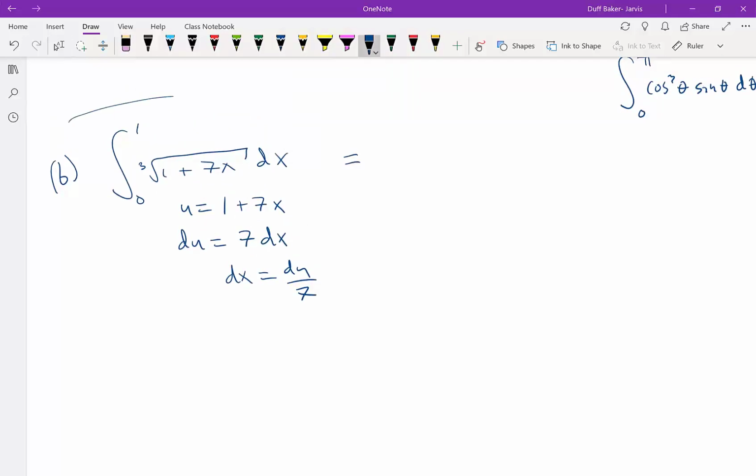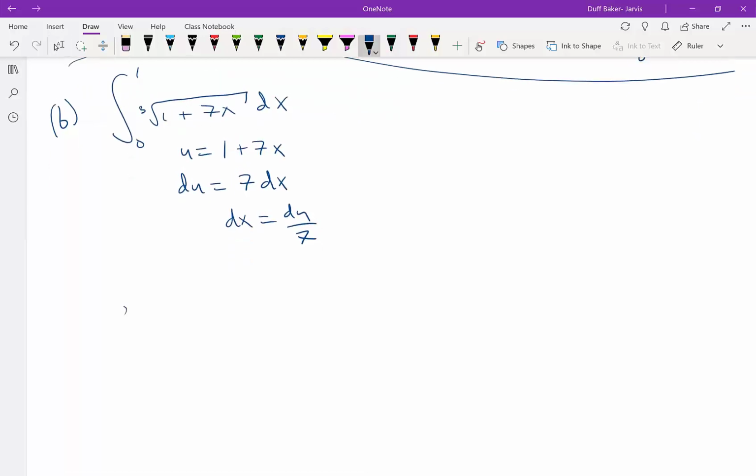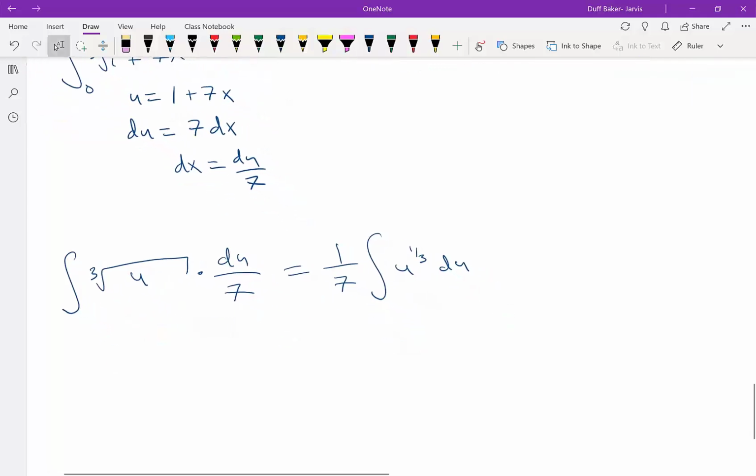Okay, so I'll do this the other way this time. I'm going to first just find the antiderivative. So when we replace it, we would get the cube root of u times du over 7. A simpler way to write that might be like that. And so that antiderivative is 1/7 u to the 4/3 times 3/4, right?